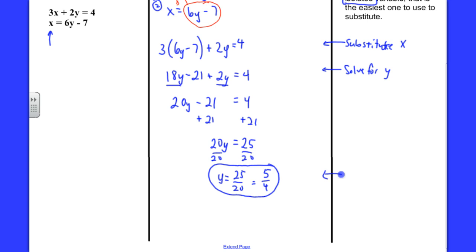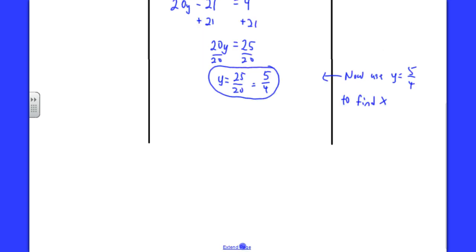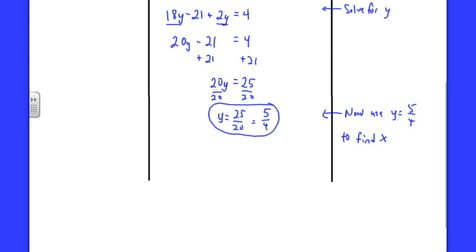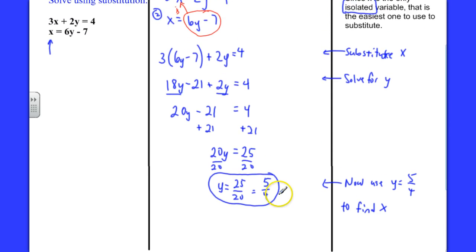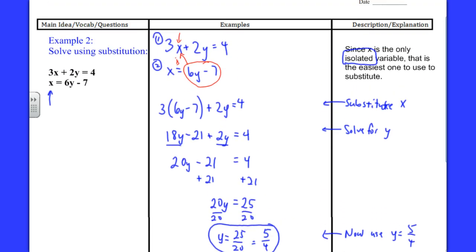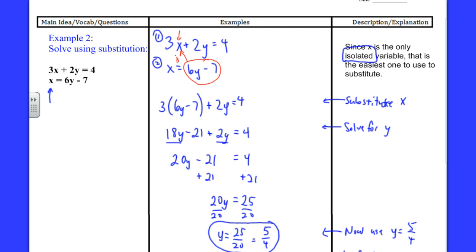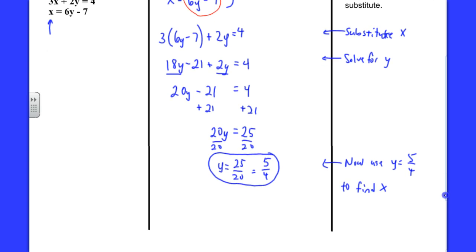So now use y equals 5/4 to find x. The way we learned in the previous video is we take this 5/4 and we replace it into either one of these two equations. From the beginning, here were my first equations, so we're going to replace that 5/4 in there.